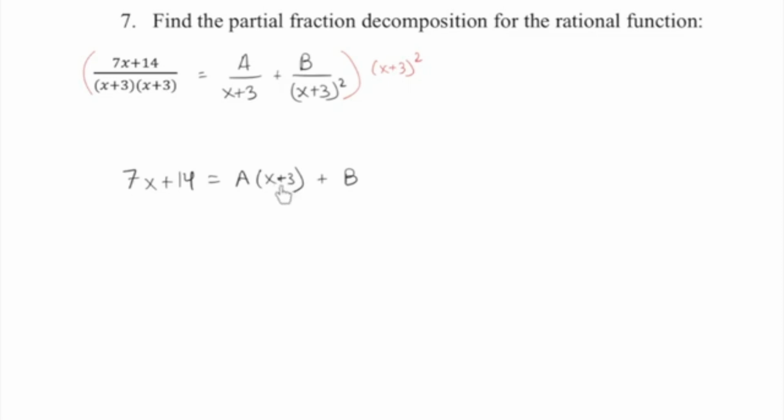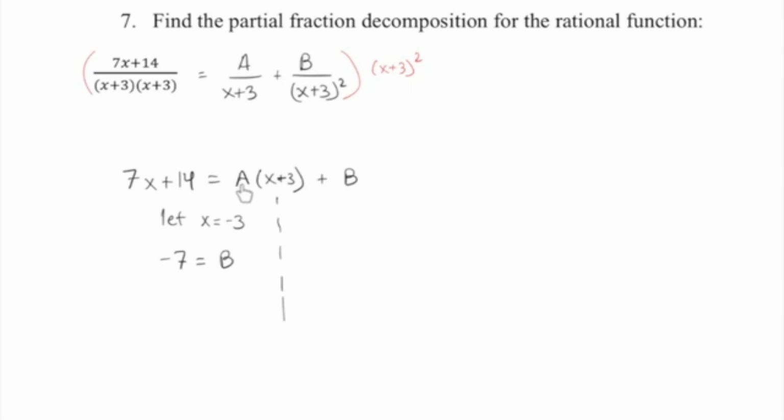If I wanted to solve for b, I'd have to cancel a, meaning I could make this term turn into 0 by letting x equal negative 3. So if we let x equal negative 3, then here we get negative 21 plus 14, which is negative 7. Here, negative 3 plus 3 is 0, so a disappears, leaving just b. So b equals negative 7.